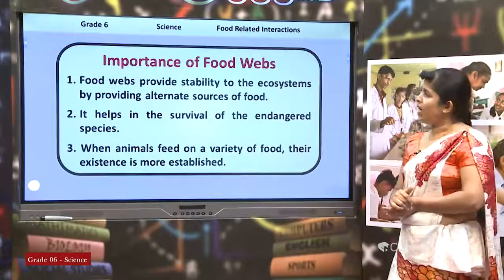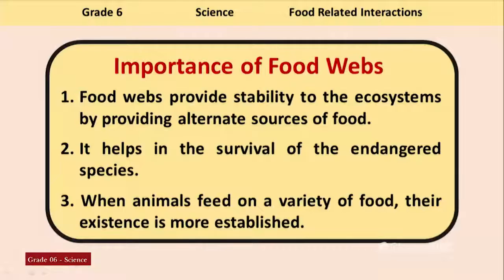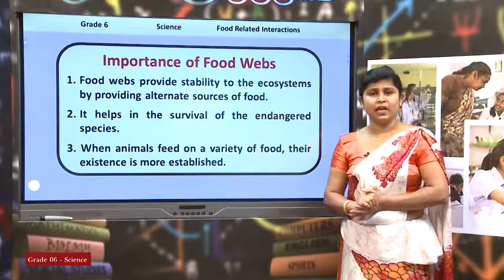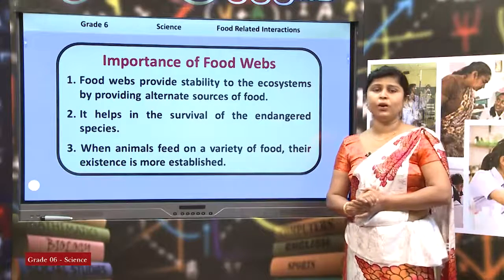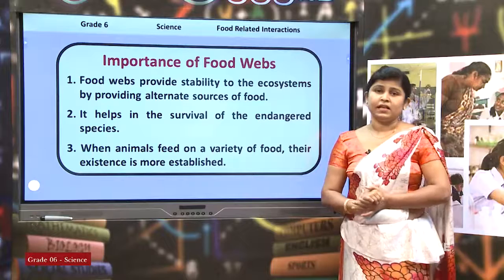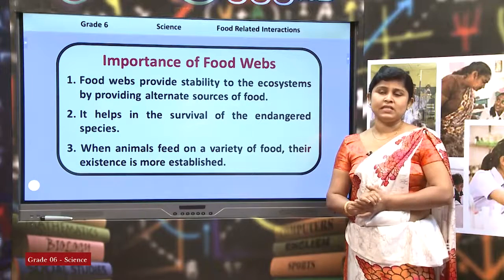Now, I am going to explain the importance of food webs. I think you can remember when I explained about the giant panda, I said that when a certain animal depends on a variety of food, its survival is more established.